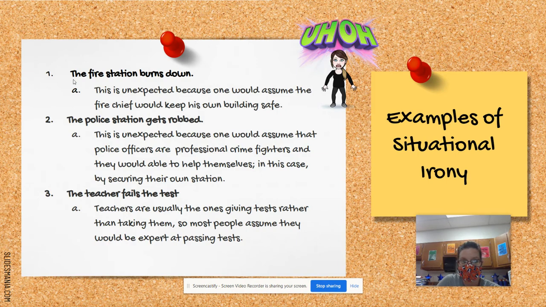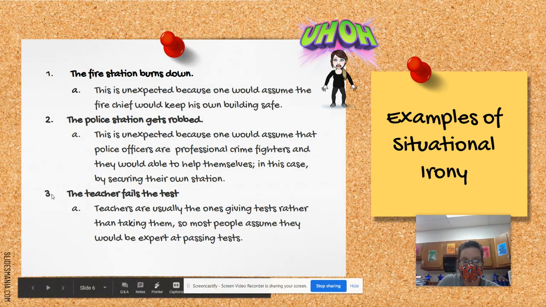Number 2, the police station gets robbed. Again, this is unexpected. It's the opposite of what we think would happen, because one would assume that police officers are professional crime fighters who would be able to keep their station secure from criminals. The last example for situational irony is the teacher fails the test.